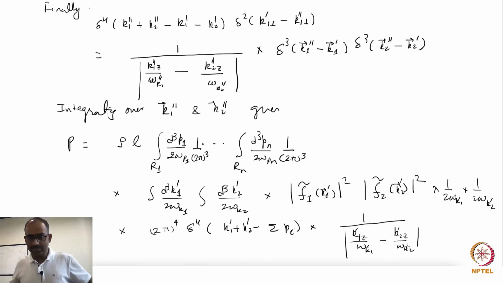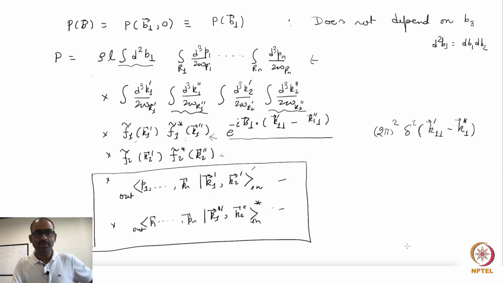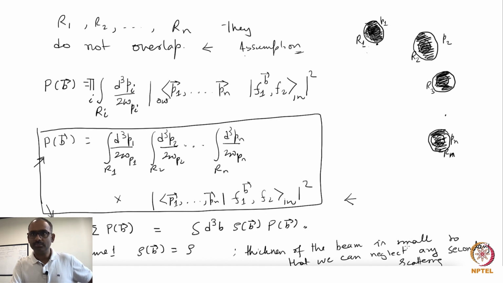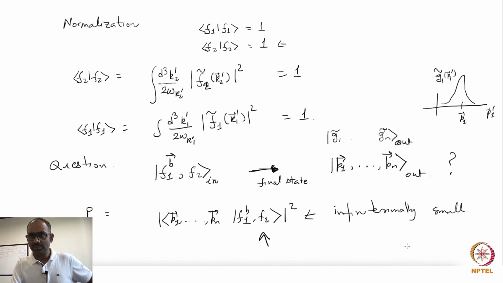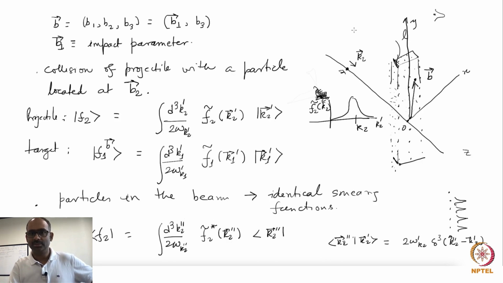The reason I should not use k1 and k2 is that in the beginning I said that the momenta of these incoming particles are localized at k1 and k2 somewhere here. See, this k1 is not dummy because I told you that the momentum of these wave packets are such that they are concentrated around K2, meaning the peak is around K2.